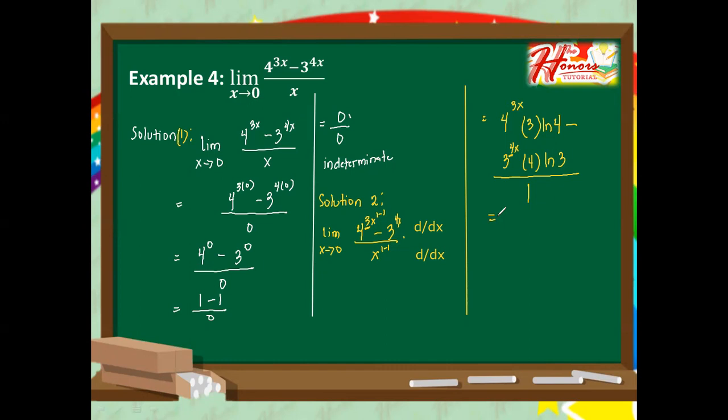The next step that we are going to do is to substitute the value of x, that is 0. So it will become 4 raised to 3 times 0 times 3 ln 4 minus 3 raised to 4 times 0 times 4 ln 3 over 1. And let me just erase this part so that we may continue solving for this equation.